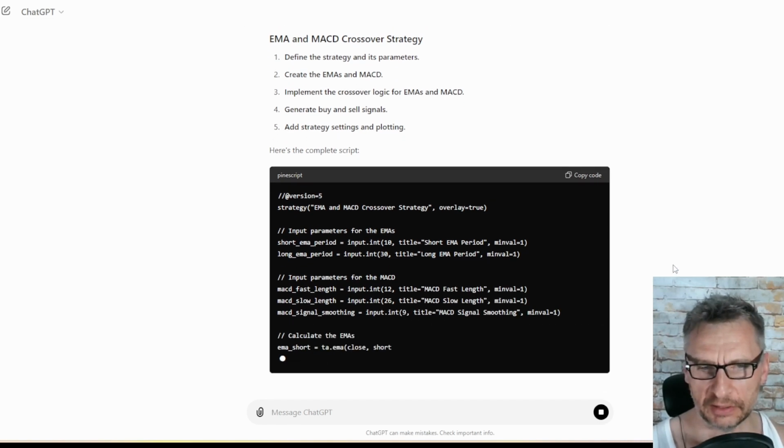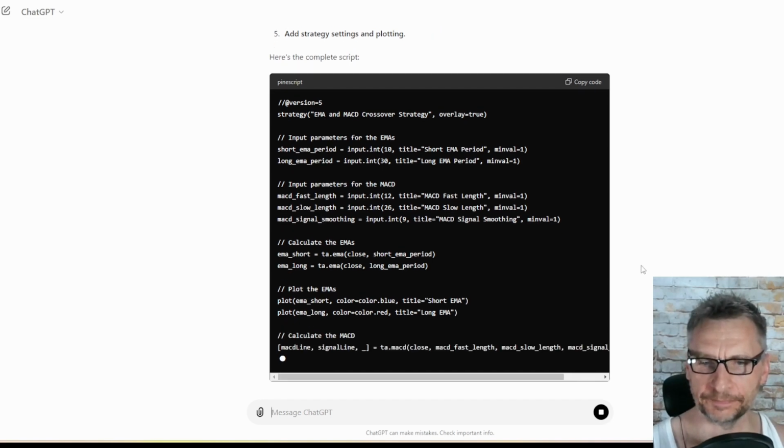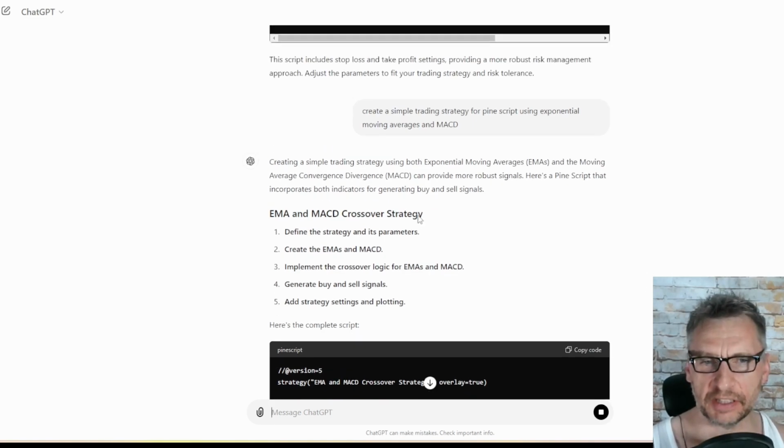Give it a couple of minutes to do its thing. But basically, creating a simple trading strategy using both exponential moving averages, EMAs, and moving average convergence divergence can provide more robust signals. Here's a Pine script that incorporates both indicators for generating buy and sell signals.